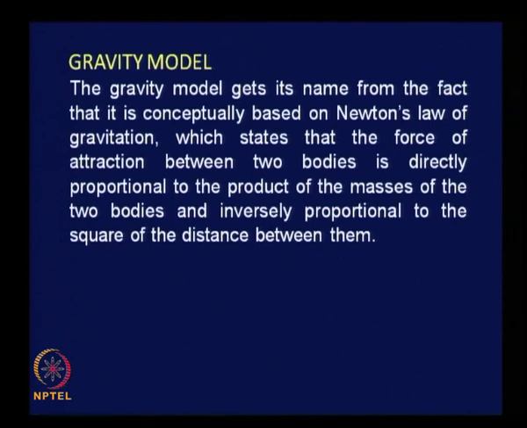The gravity model, as indicated here, gets its name from the fact that it is conceptually based on Newton's law of gravitation, which states that the force of attraction between two bodies in space in general is directly proportional to the product of the masses of the two bodies and inversely proportional to the square of the distance between them. This is the very well known Newton's law of gravitation.